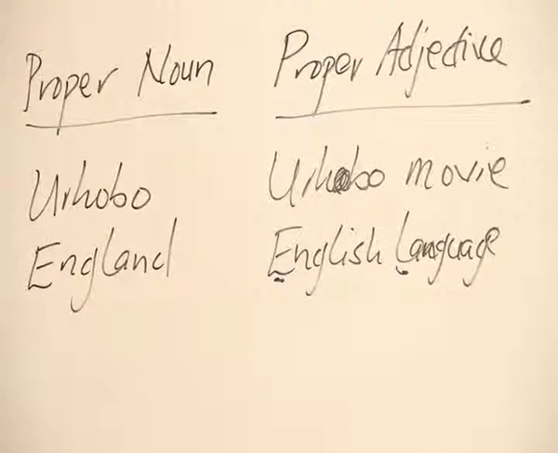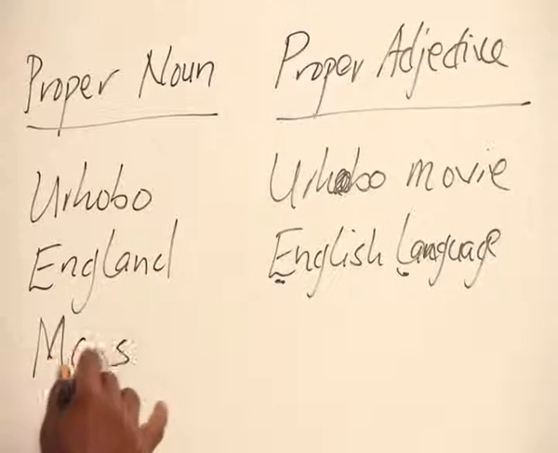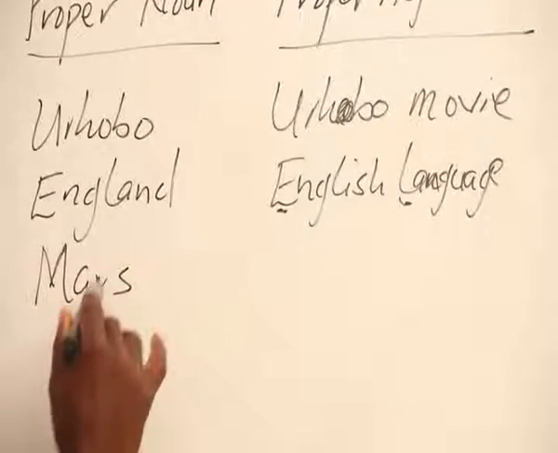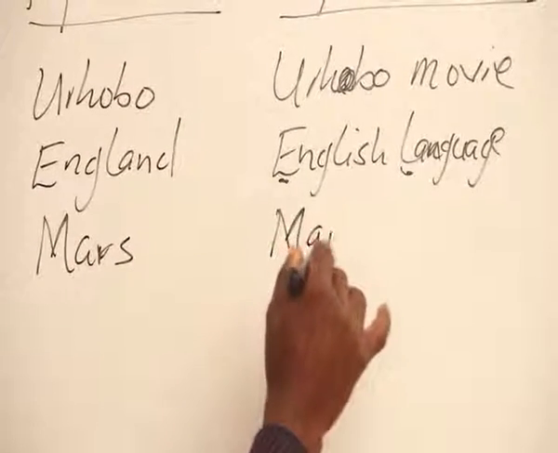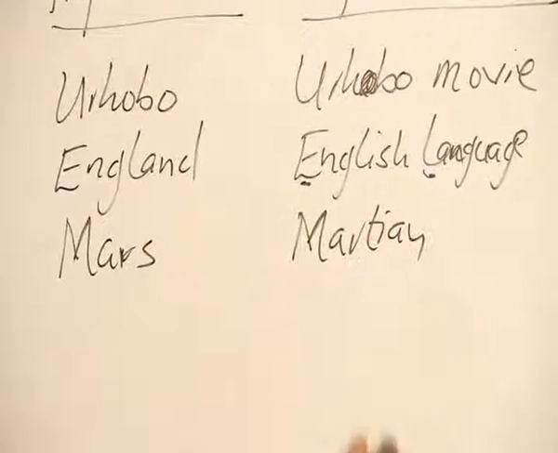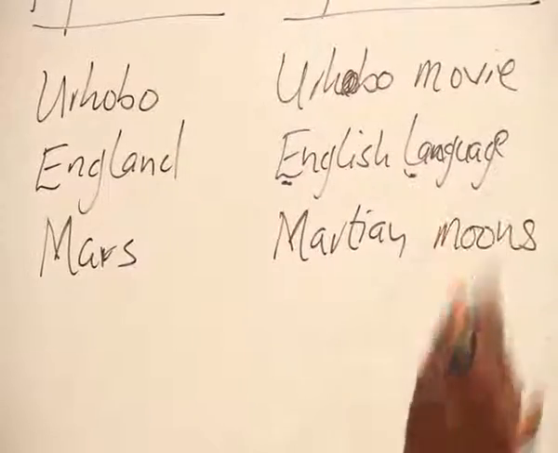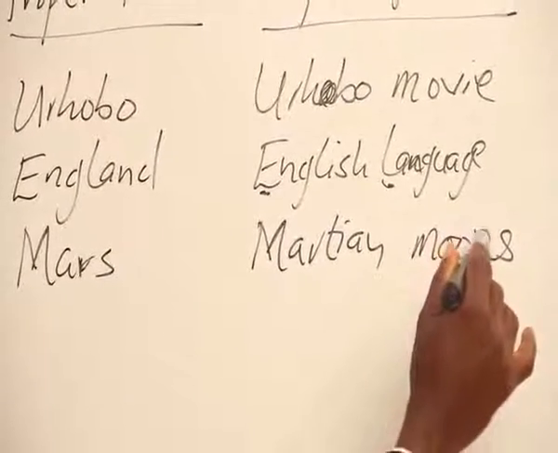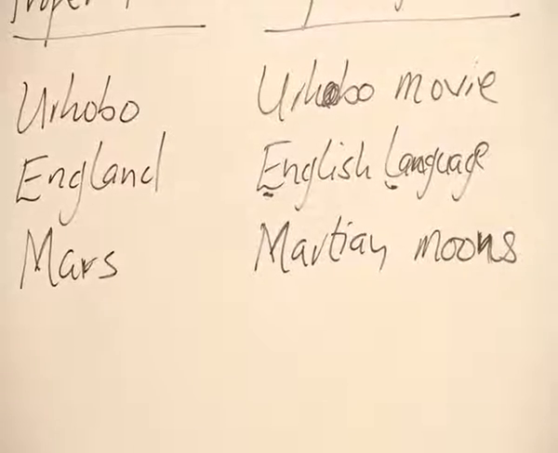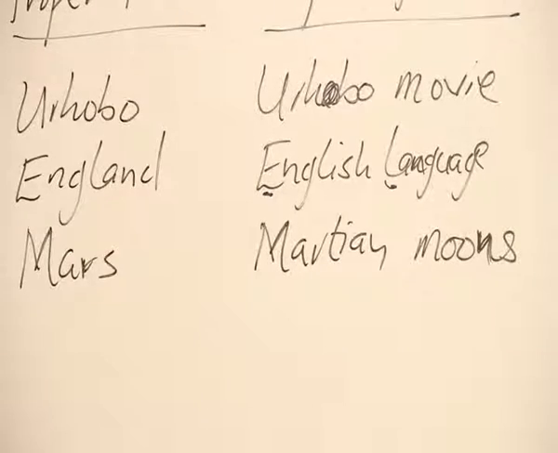Then we can talk of Mars. The adjective is Martian. Martian moons. So these are the things we need to know.